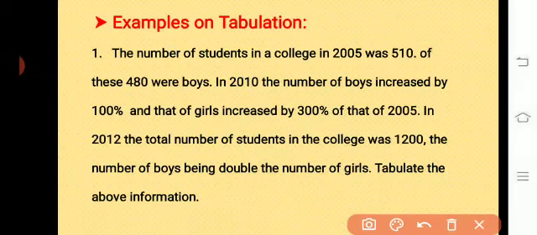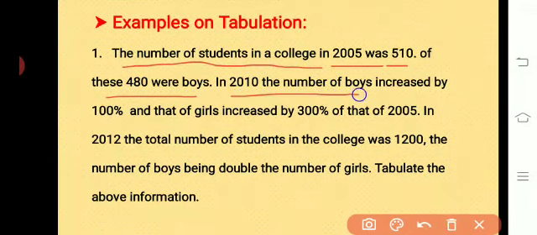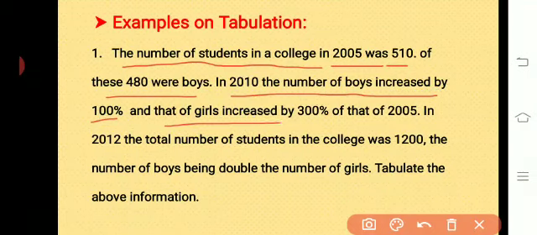Today's first example is: the number of students in a college in 2005 was 510. Of these, 480 were boys. In 2010, the number of boys increased by 100% and that of girls increased by 300% of that of 2005.